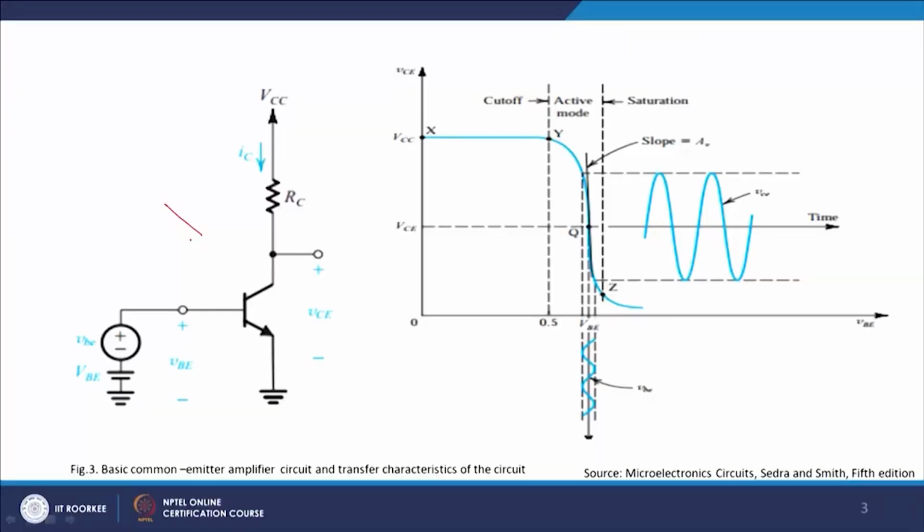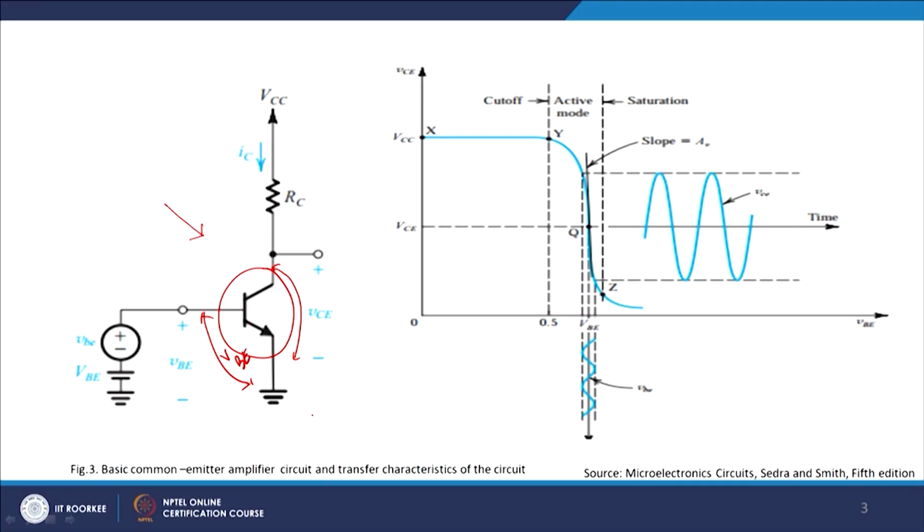With the same concept we have learned till now, let me show you proper amplification here. As I discussed with you, this is the common emitter configuration, this is my NPN transistor. This voltage is VBE, and this is your VCE.